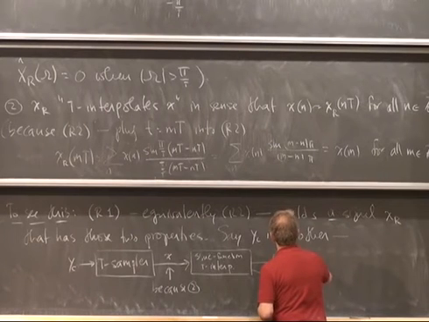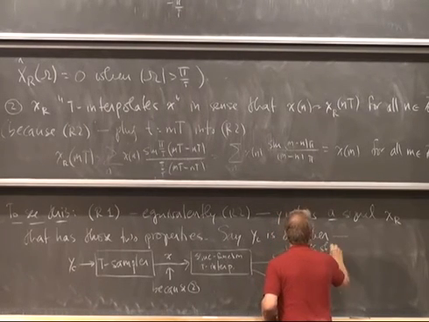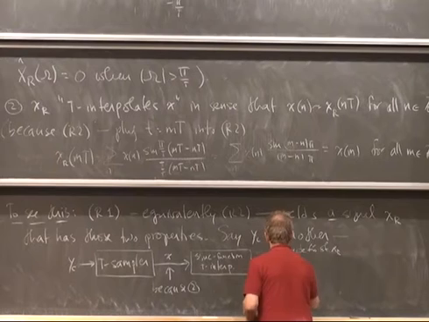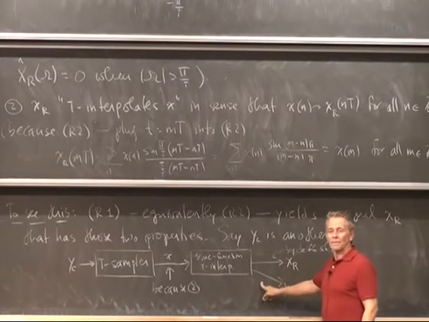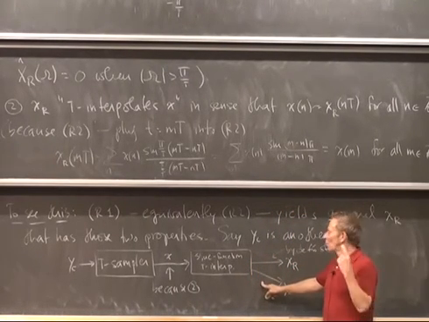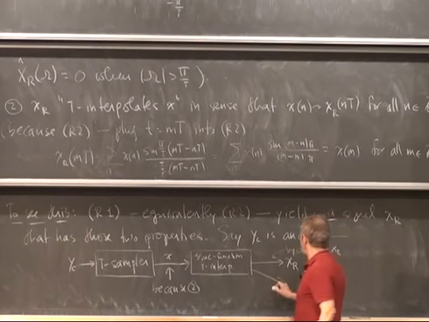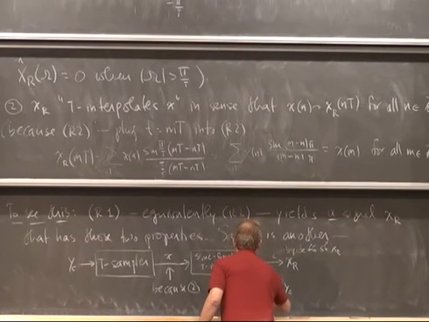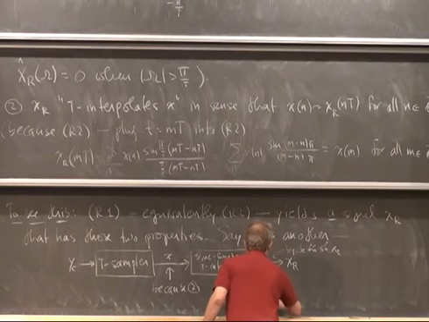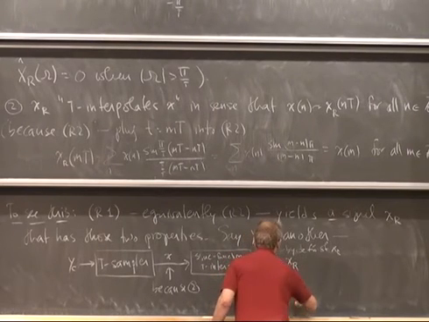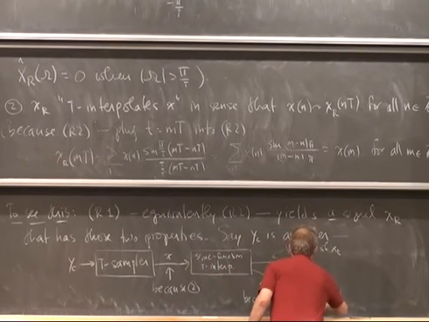So this is by definition of x sub r. But why does it also have to be yc? Because yc has property 1. Property 1 plus version 1 of the theorem.